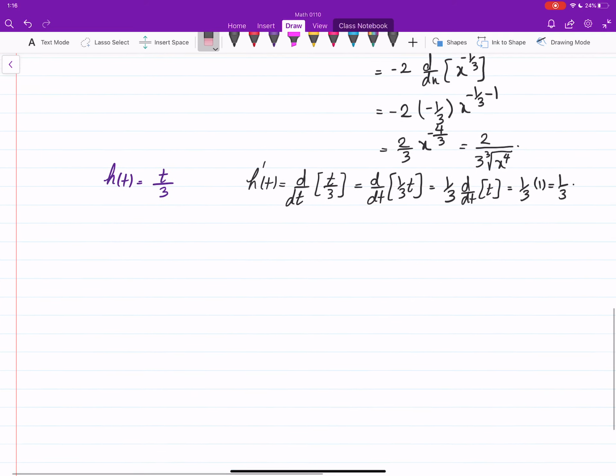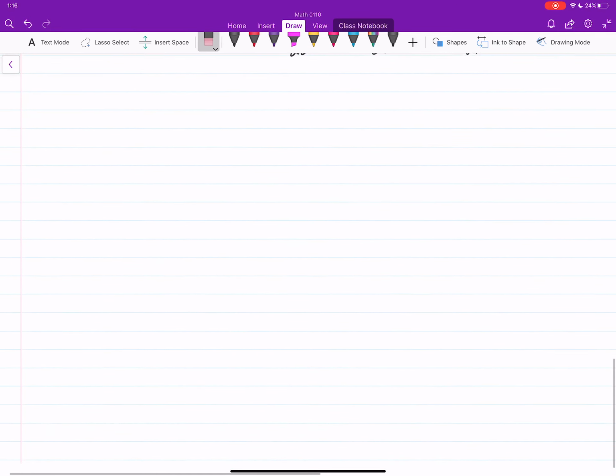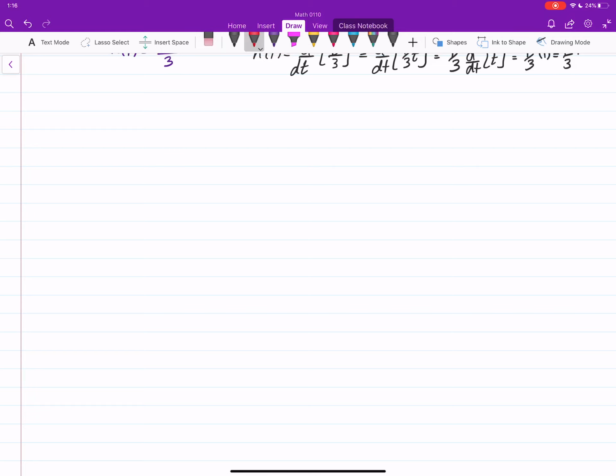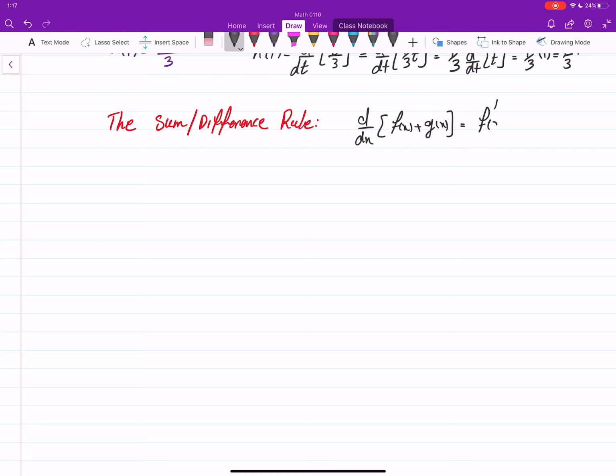But still we need more and more rules. What is the next rule we need to cover here? It's called the sum and difference rule. What is the sum and difference rule? It says that the derivative of a sum of two functions is found by taking the derivative of each one and then adding them.